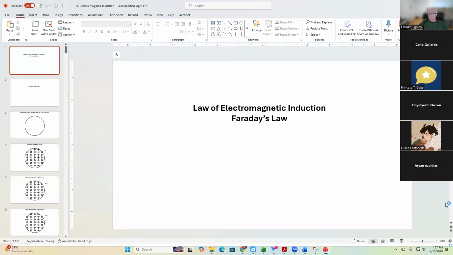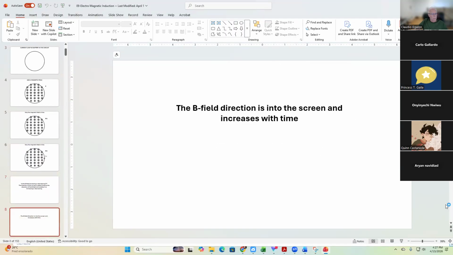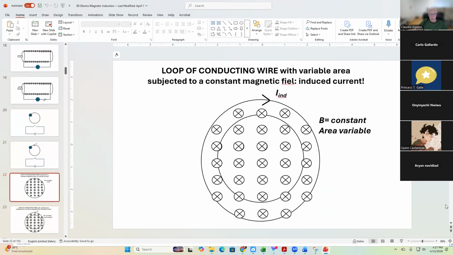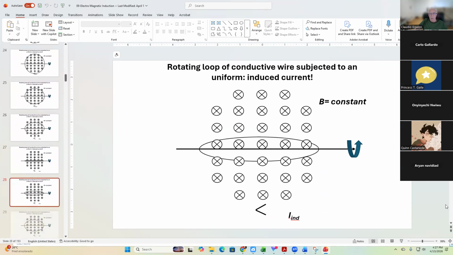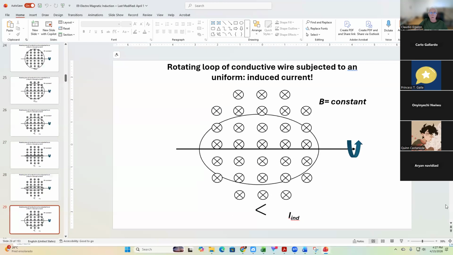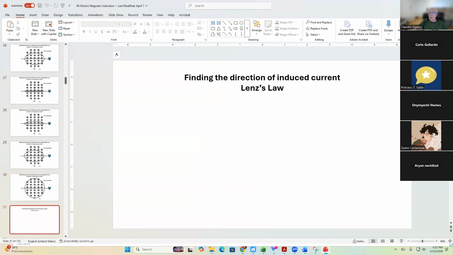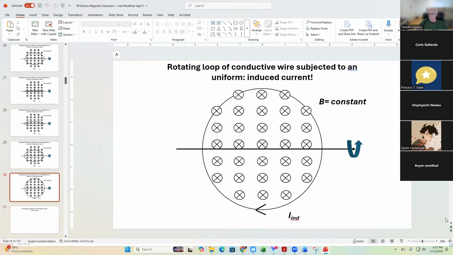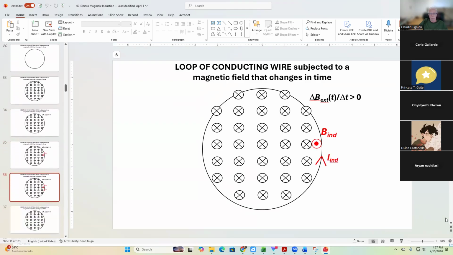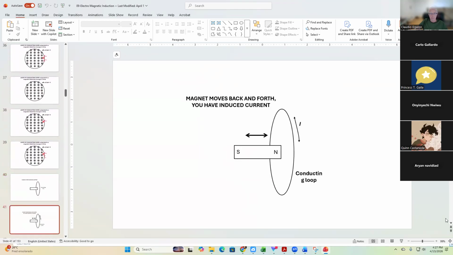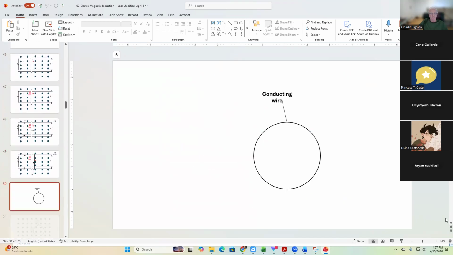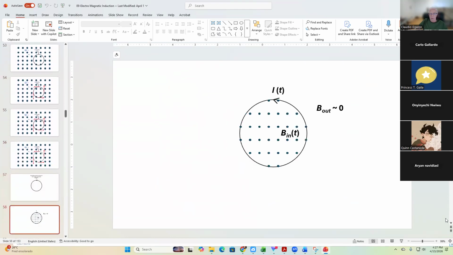Here's an illustration of my generator, I showed that to you as well.